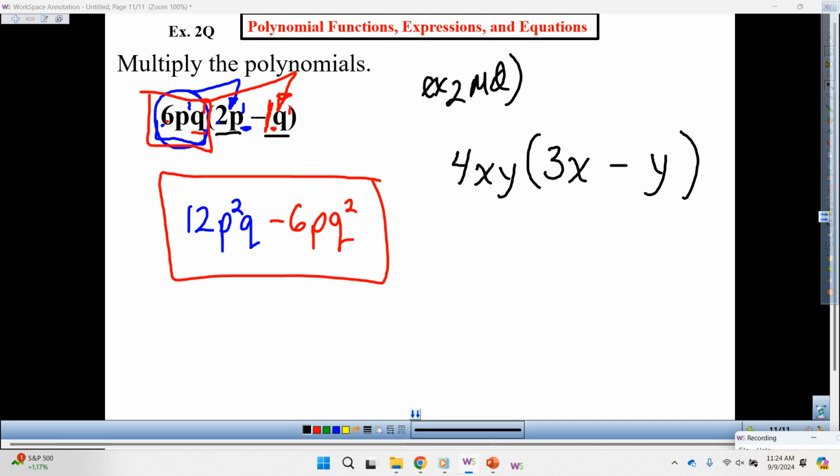All right, share with your neighbors, see what they got. This should be just about done. I sent you a blank screen. Send that in, please.